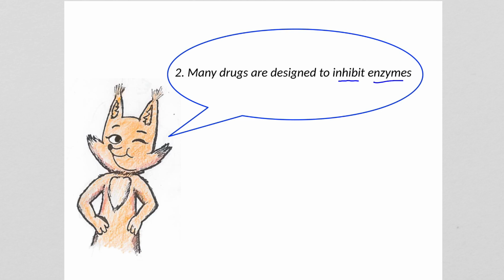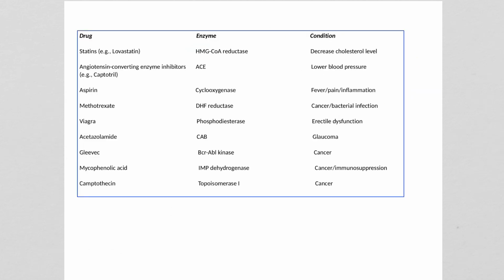So in order to understand how these drugs work, we need to understand the enzymes that these drugs are acting on. Here are a few examples of drugs that affect enzymes. Statins, such as lovastatin, affect the enzyme HMG-CoA reductase, and this drug helps decrease our cholesterol levels.